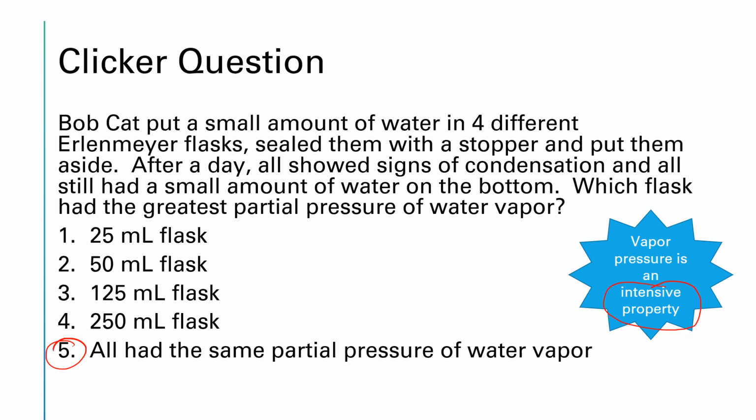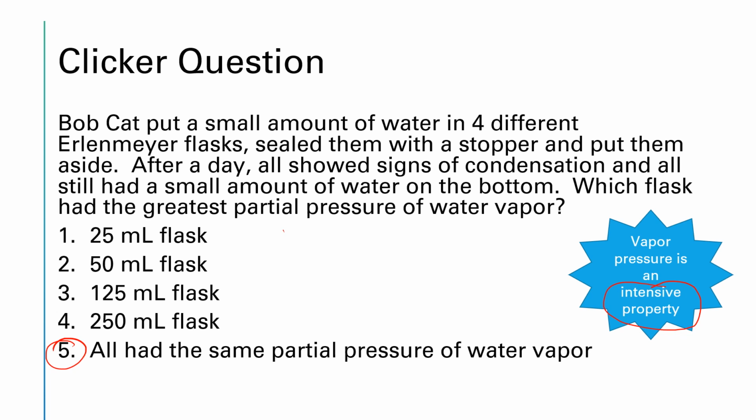Now what will change this is if you change the temperature. So if we had 4 different flasks that were at different temperatures, the highest temperature flask would have the highest vapor pressure, but that's not the case here. Here we're assuming they're all at the same temperature.